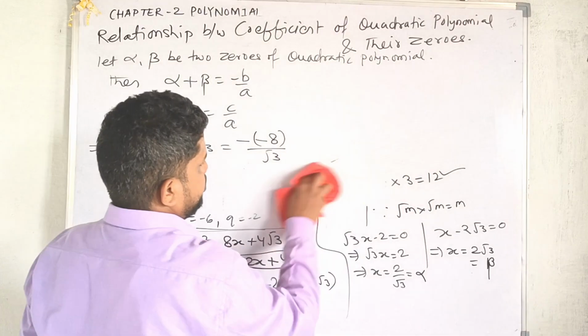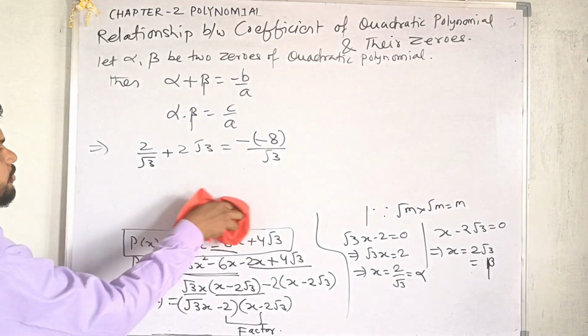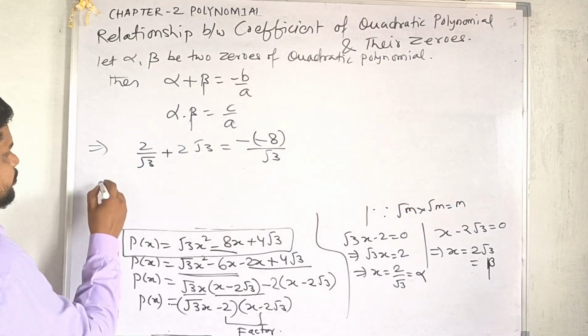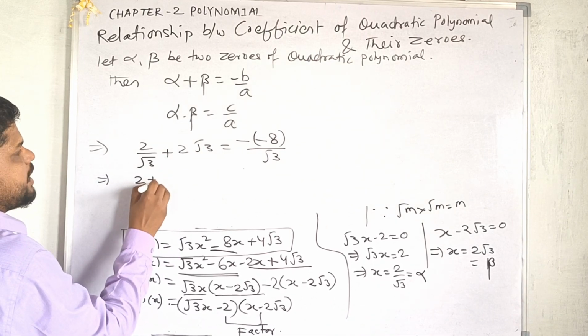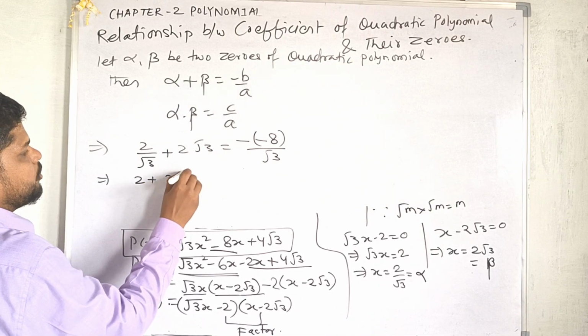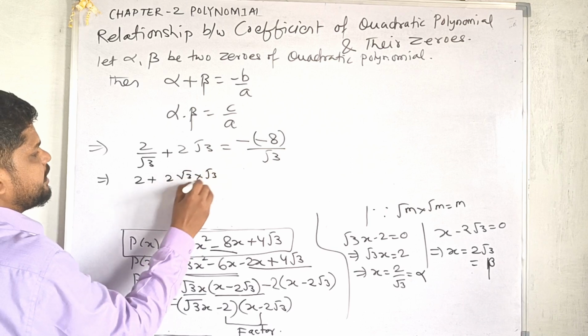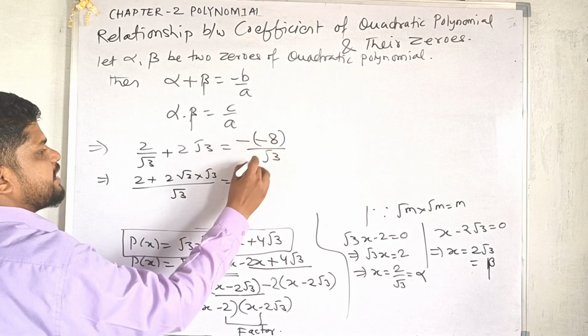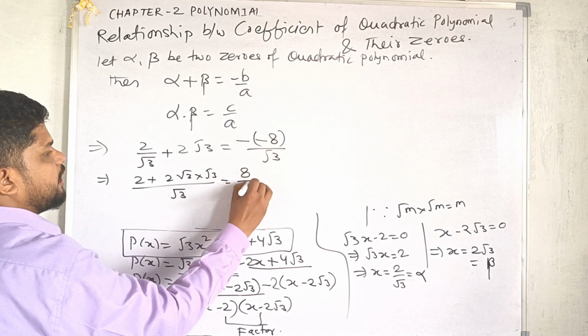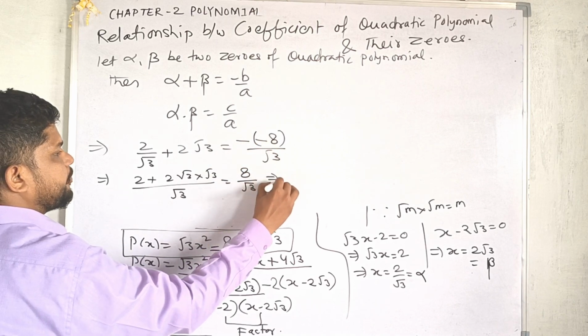Here, by taking the LCM, we can write 2 plus 2 root 3 into root 3, divided by root 3, and this will be positive 8 upon root 3.